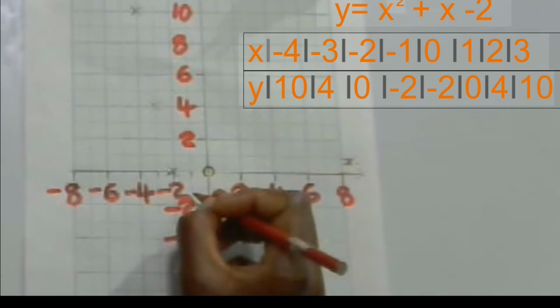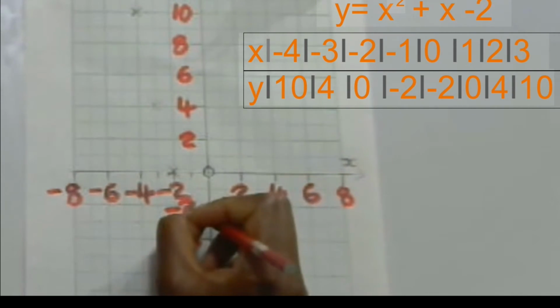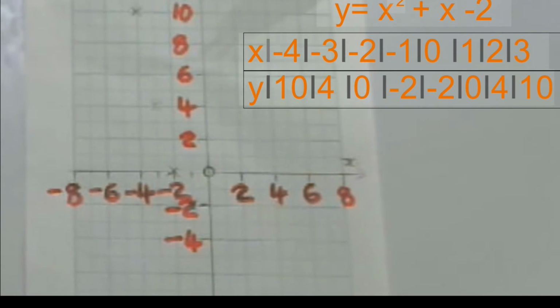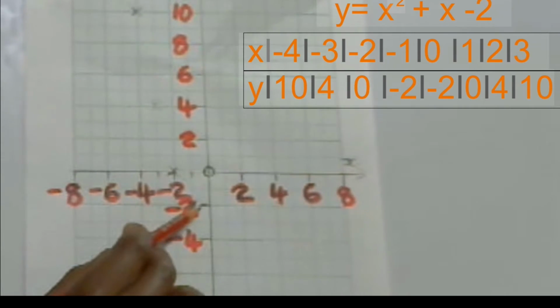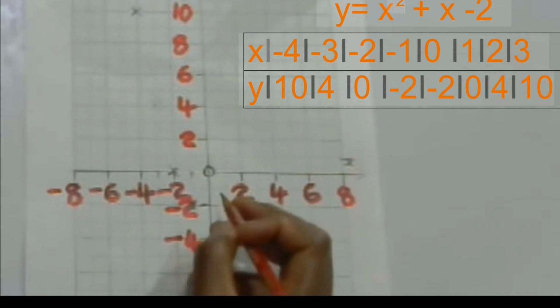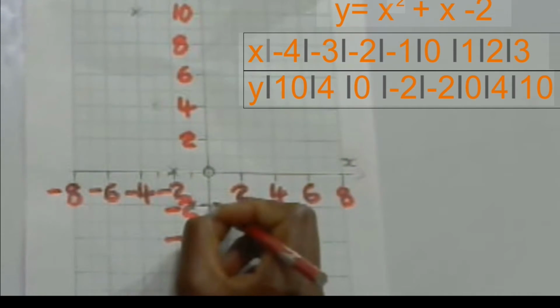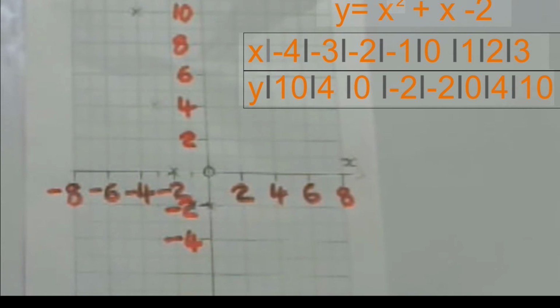So negative 1 and negative 2, it goes there. That's where they meet. And then we've got also 0 and a -2. So it's right there.